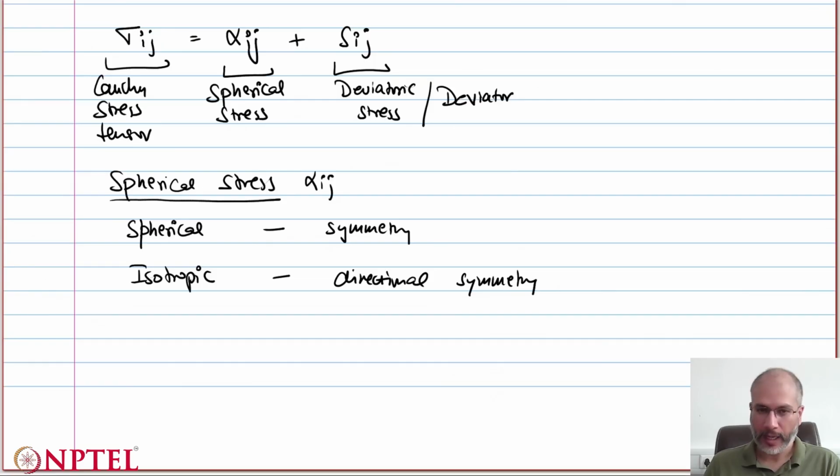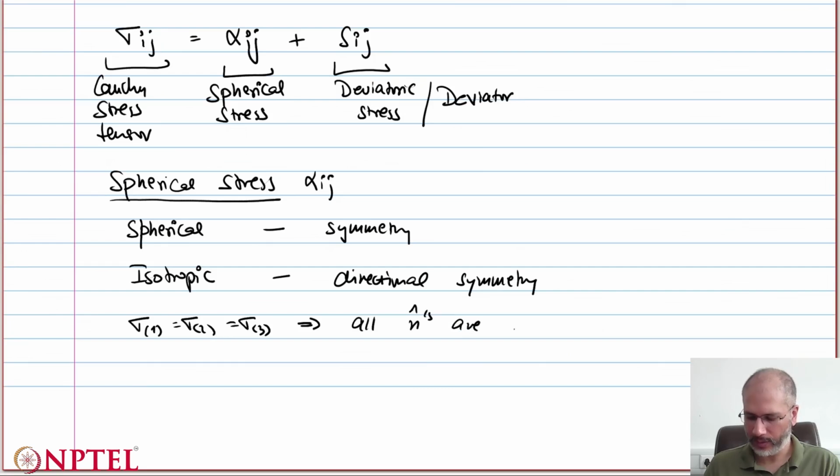Additionally, if I have a stress tensor where all directions are eigendirections, that means that sigma 1, sigma 2, and sigma 3 are the same. So that is a situation where all n hats are eigendirections. So these three ideas are all the same.